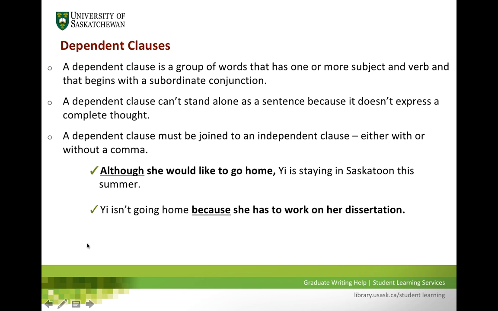The other example, Yi isn't going home because she has to work on her dissertation. So here the dependent clause is at the end of the sentence, because she has to work on her dissertation. And there's no comma. Usually when a dependent clause follows an independent clause, there's no need to insert a comma. And there are a few exceptions. We'll look at those when we talk about comma rules.